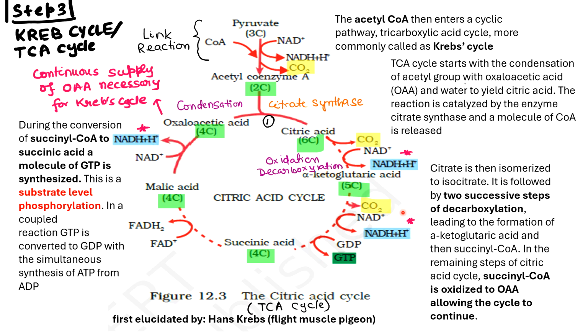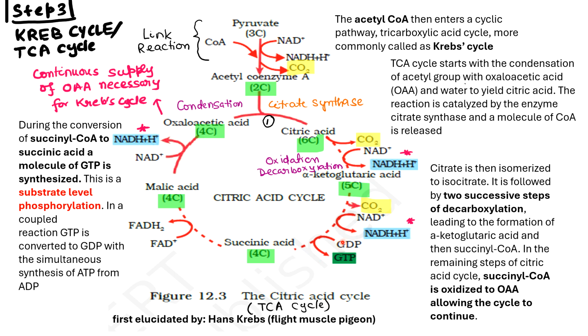or removal of carbon dioxide, and there are 3 steps of NAD plus reduction being converted into NADH and H plus, and 1 step of FAD plus reduction converting to FADH2, as well as a substrate level phosphorylation leading to the formation of GTP from GDP.